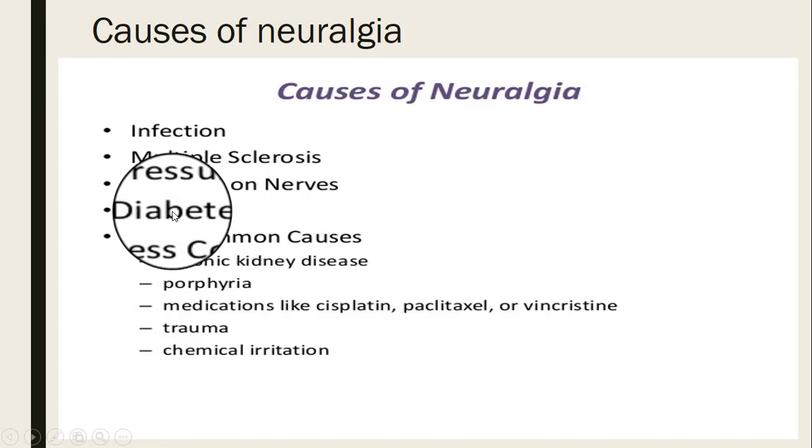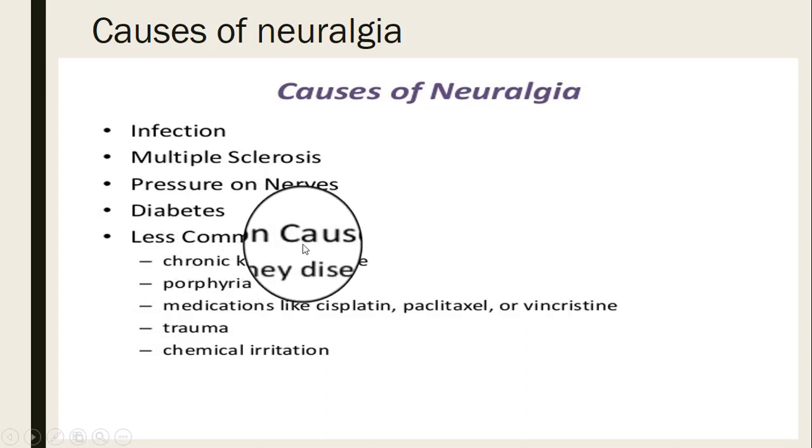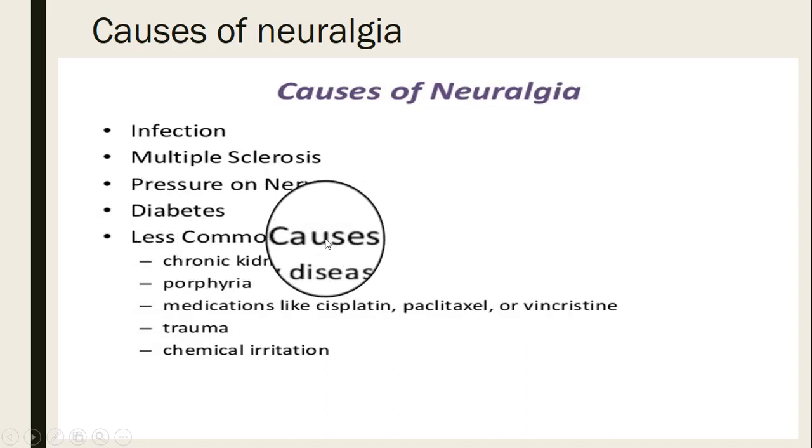And the less common causes of neuralgia, let's talk about them. So if the cause of neuralgia isn't infection, isn't multiple sclerosis, isn't diabetes, and isn't any kind of compression or pressure on the nerves, it may be from one of many less common factors.